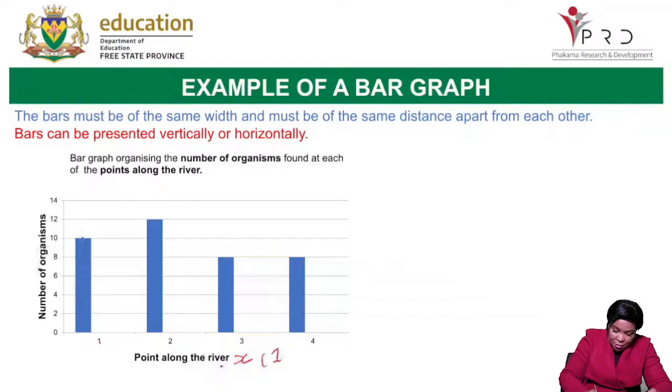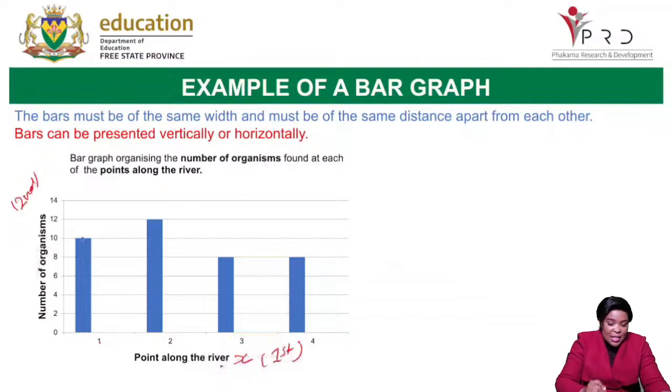This was on the second column, which tells us it's a dependent variable. Then you put your points according to your scale, and then you also decide on the scale for the y-axis. You check the highest. The highest was 12. The lowest was 8. So you can use the intervals of 2, 4, 6, 8, 10, 12 up to 14.